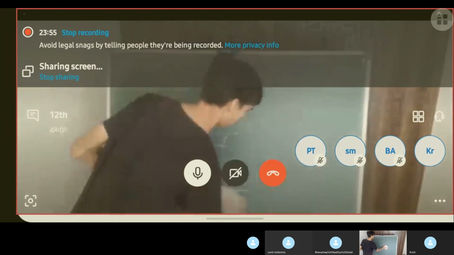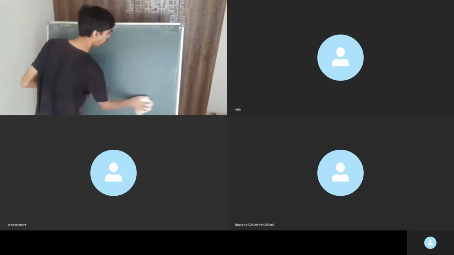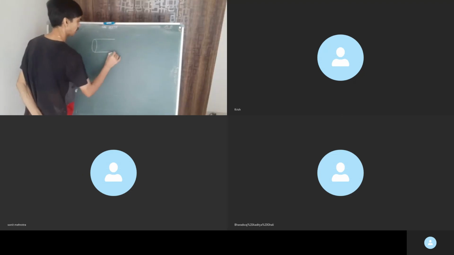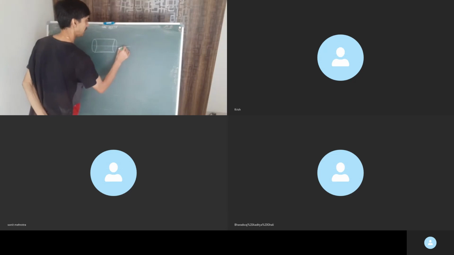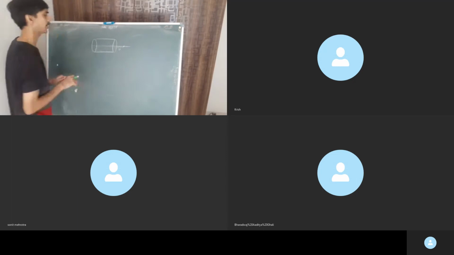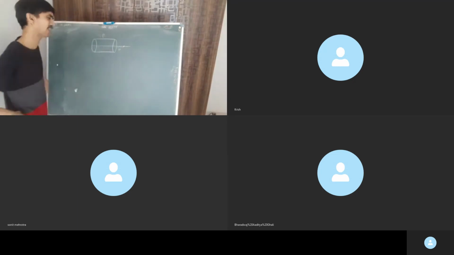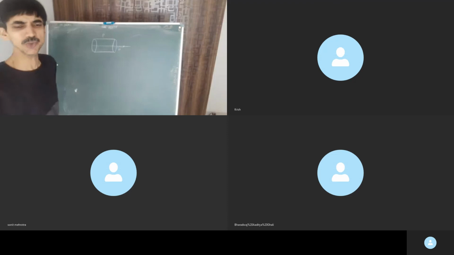I'm assuming the cylinder to be solid in nature, a solid rigid cylinder. I'm to find the field at a distance r, small r, from one of its faces, and rho is the given distribution. That is fine, Krish, it can be done. We'll cut it into a small disk.